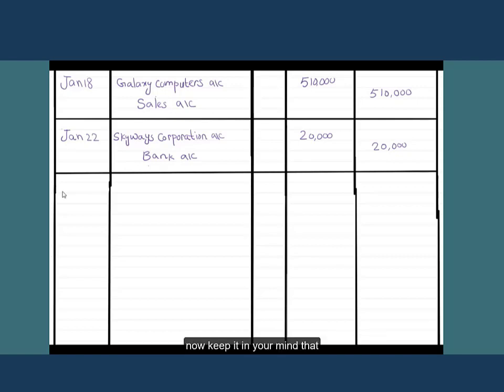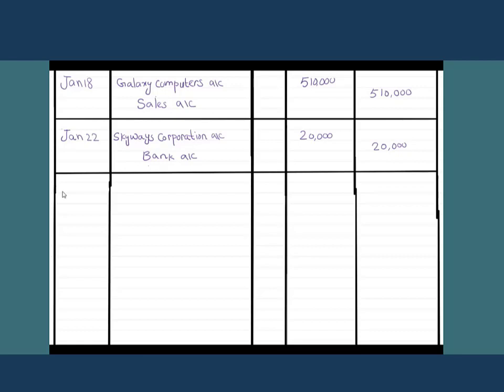Now keep it in your mind that receiving a check from the customer is treated as a cash transaction, and when a check is deposited into the bank, we debit bank account and credit cash account.